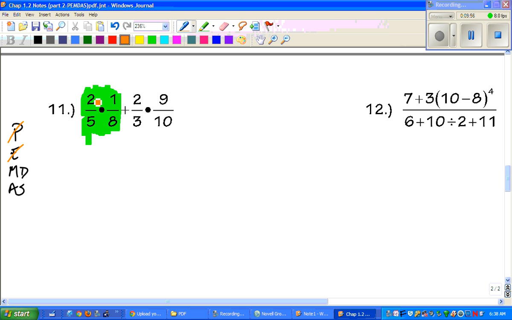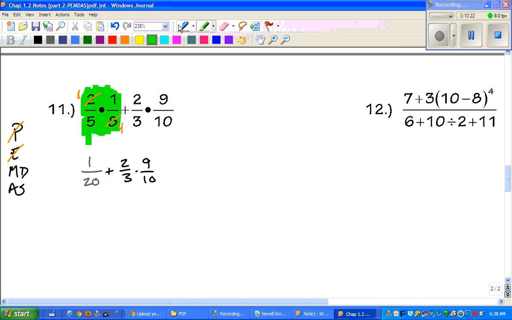multiplication right here. The 2 and the 8 reduce to 1 and 4. The 5 and the 1 do not change. So multiplying that straight across, 1 times 1, 5 times 4. Everything else stays the same.